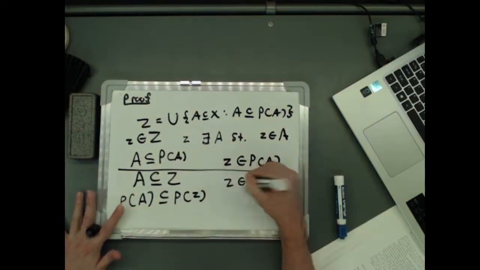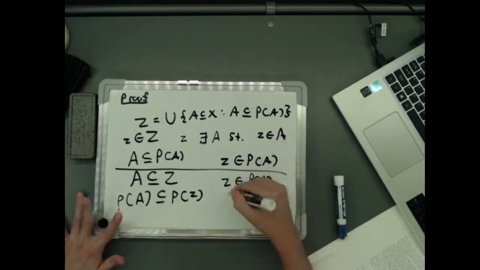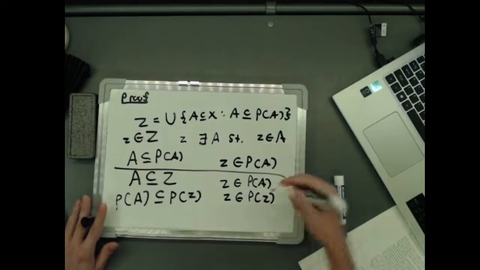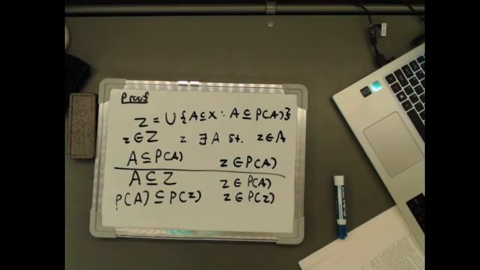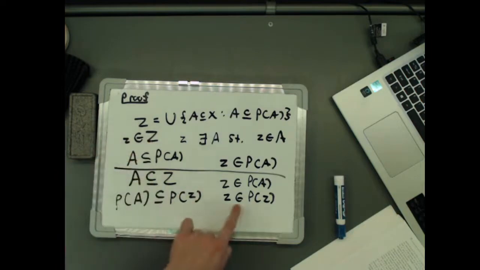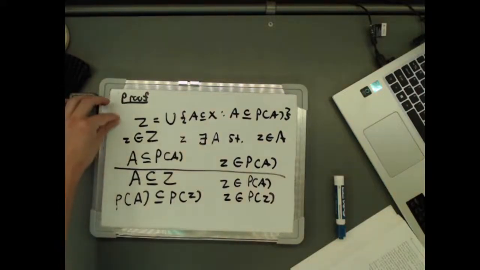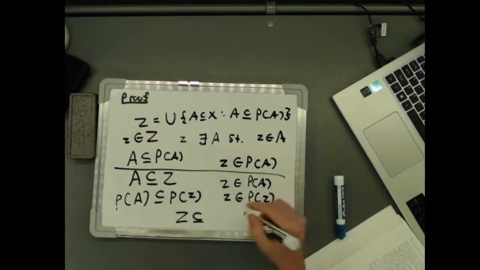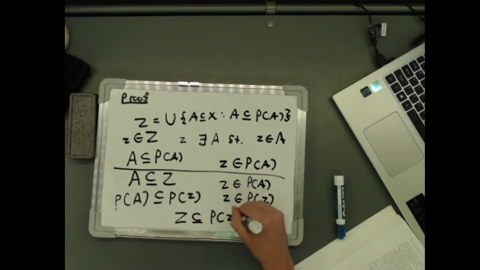So if z is an element of P of A, well, look at that, z is also an element of P of Z. This means for every element z inside Z, it is also an element of P of Z. This can prove one thing: for every element of Z, it's inside P of Z. Well, that means Z is a subset of P of Z by definition of a subset.